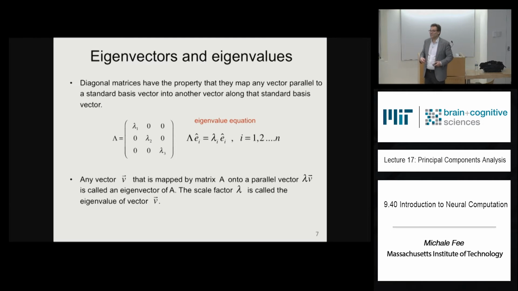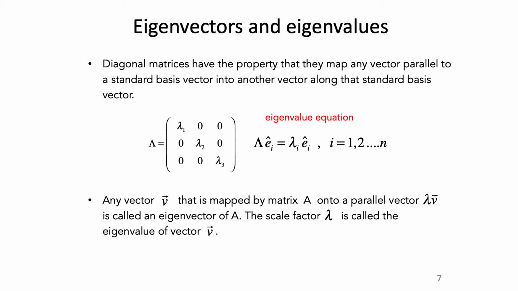So we exclude the zero vector. We don't call the zero vector an eigenvector.